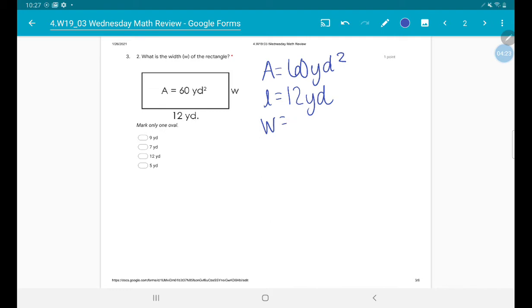What's the area formula? How do we find area, Ainsley? Area equals length times width. So I know that 60, because that's the area, equals the length of 12 times W, which is what we're missing.